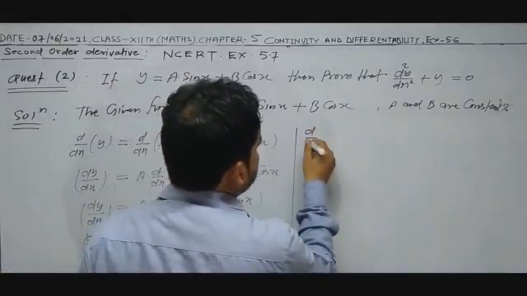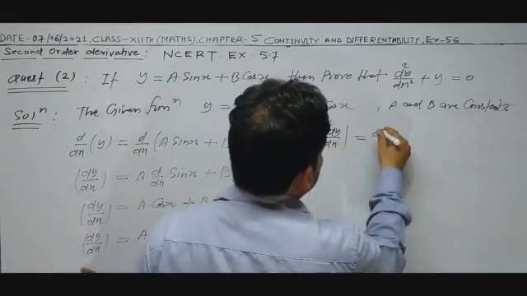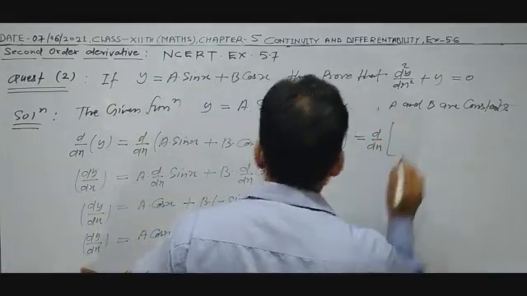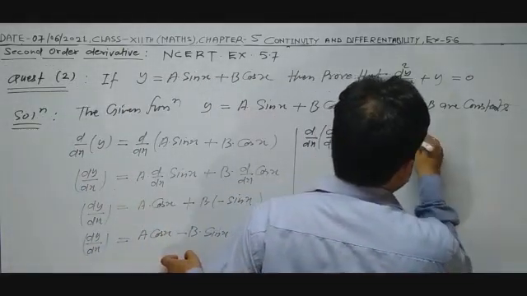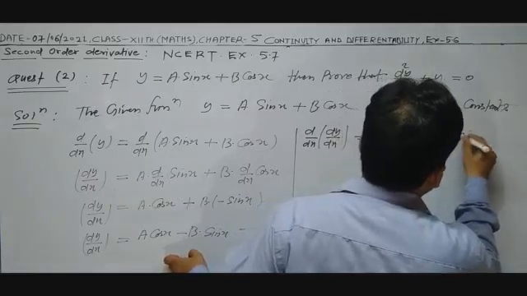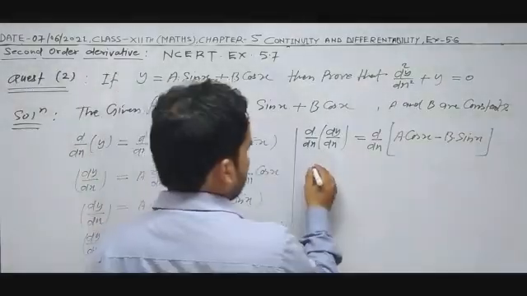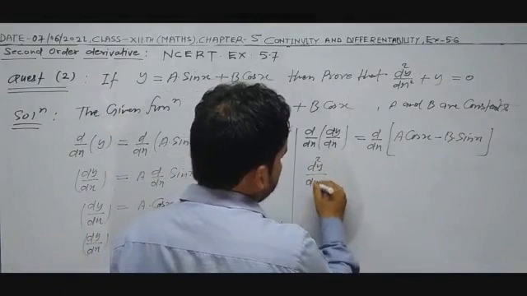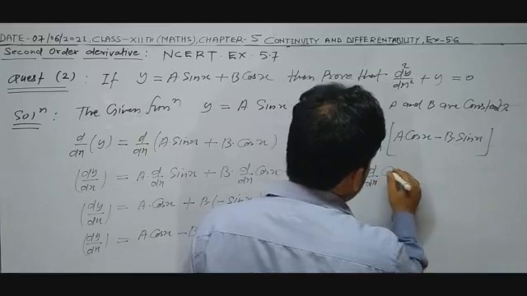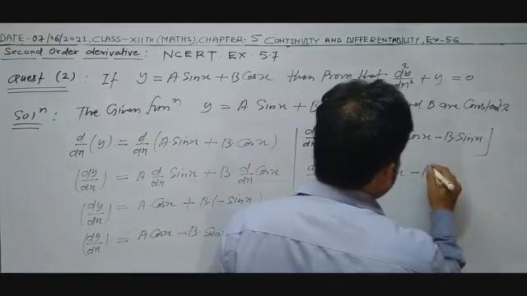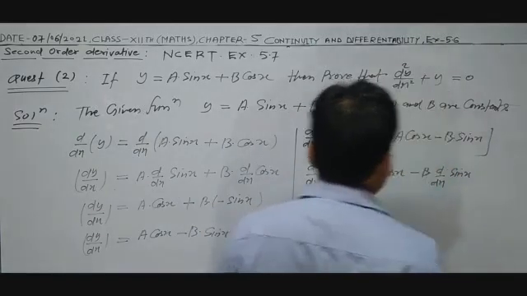What will you get as the result? d by dx of dy by dx is equal to d by dx of a times cos x minus b times sin x. Similarly, its result will be d2y by dx2 is equal to a times d by dx of cos x minus b times d by dx of sin x.